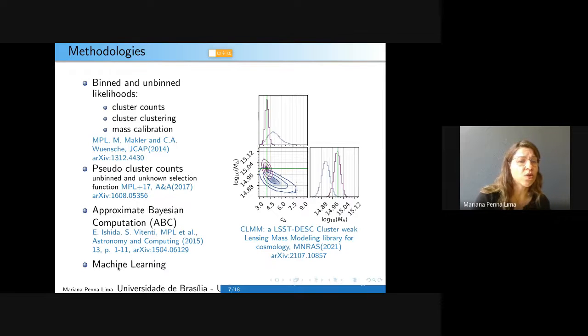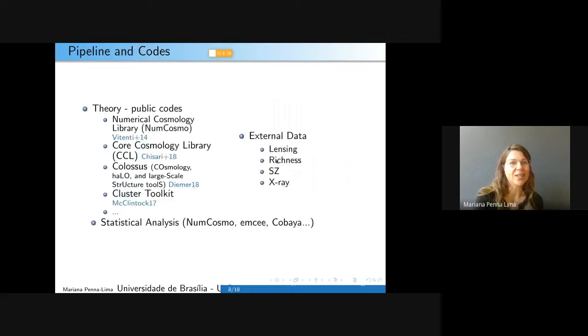Nowadays you also have different groups applying machine learning to obtain cluster mass estimation, or even an application in cosmology. I'm going to describe this plot later in more detail. And to perform this kind of analysis, you always find that each work uses a different library.